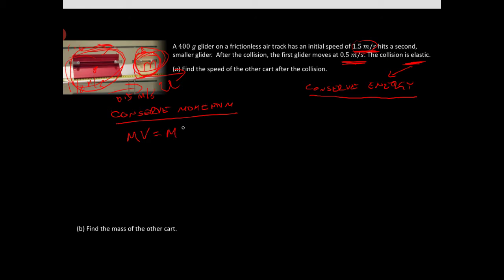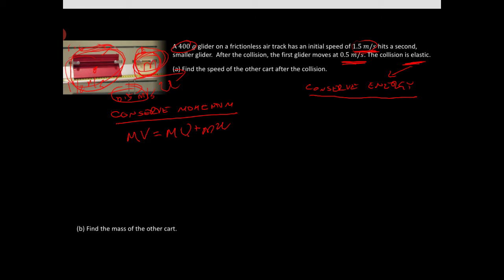So then we'll have M times U. Now the U is the afterwards, that's the 1/2 meter per second here, and M is the same mass as 400 grams. Plus, now I'll use lowercase letters for this other guy, because he's the small glider. And so that's m times u, v before, u after.